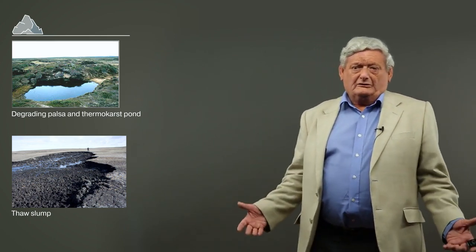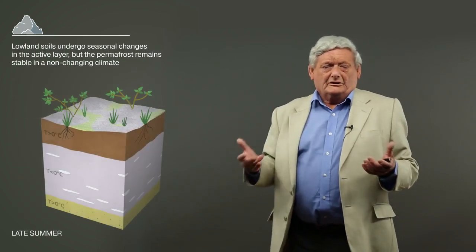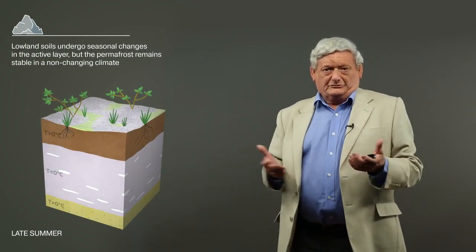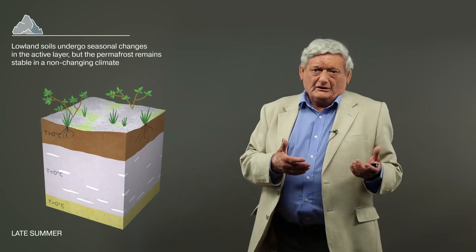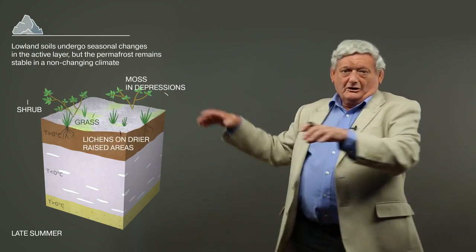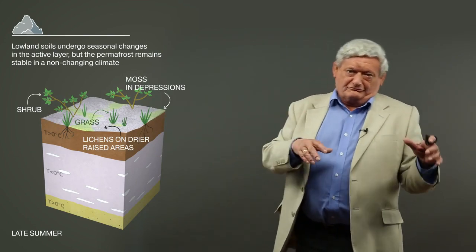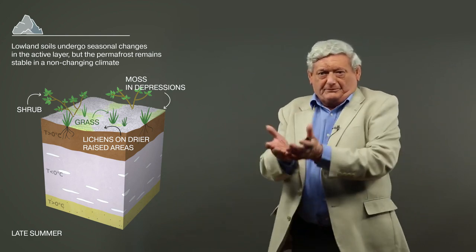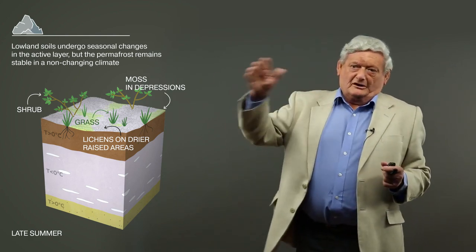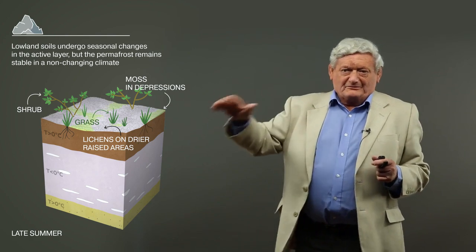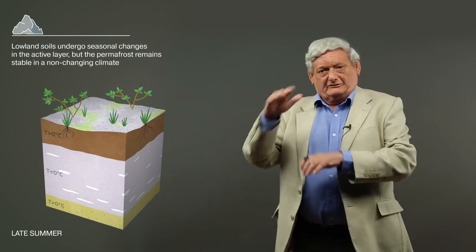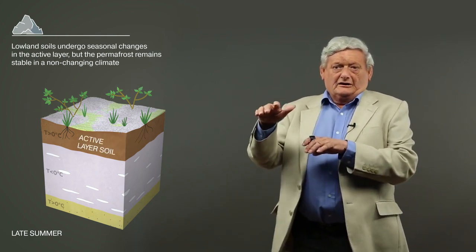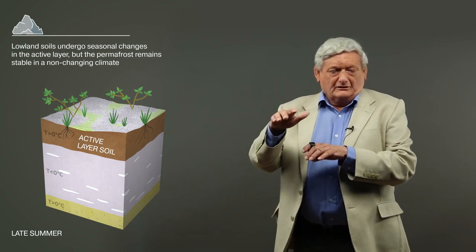So let's look now at what happens in the dynamics of permafrost in a normal situation when we don't have climate change. The animation shows you the surface of the tundra with shrubs and grasses and mosses in the depressions and lichens on the little hummocks. And below that we have the active layer. You'll see the active layer is greater than 0 degrees C in late summer.